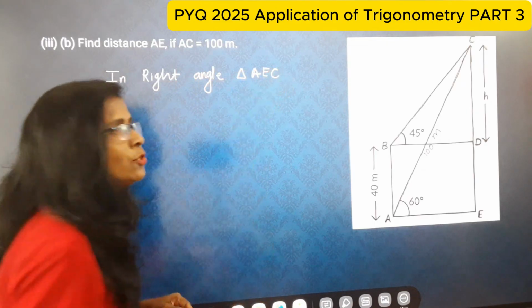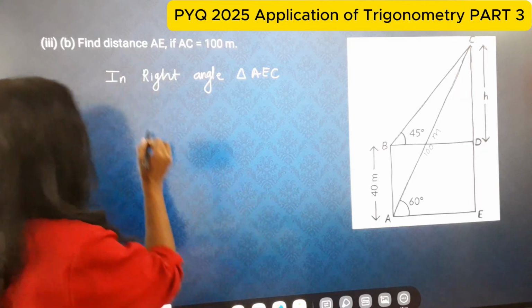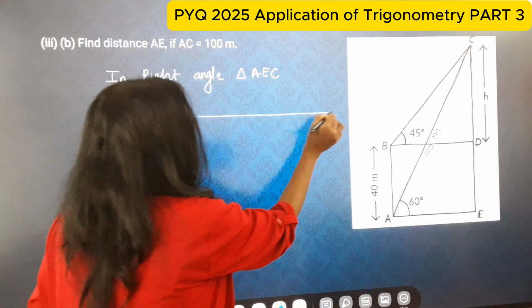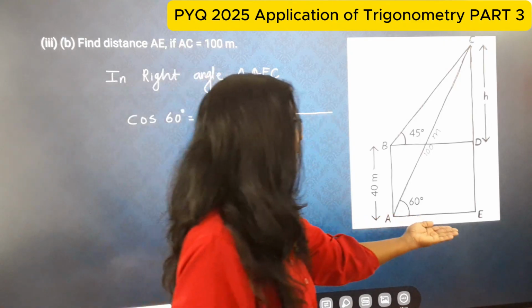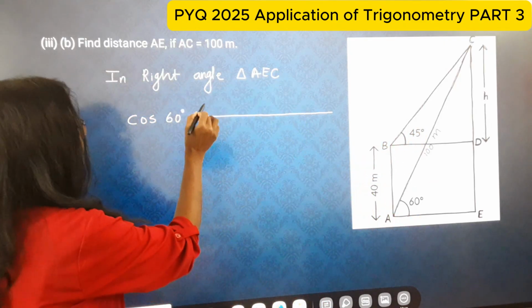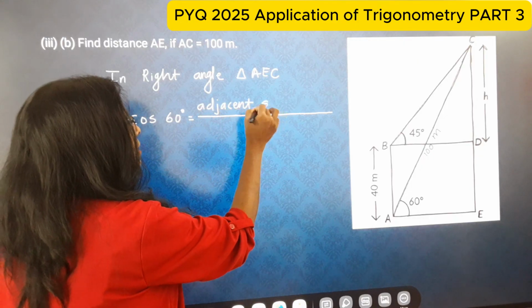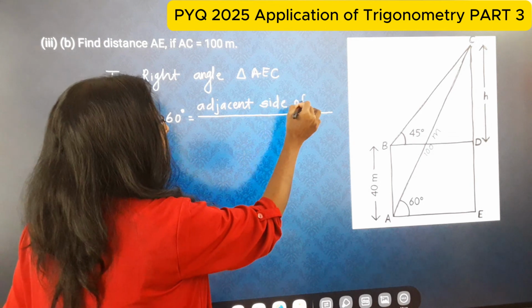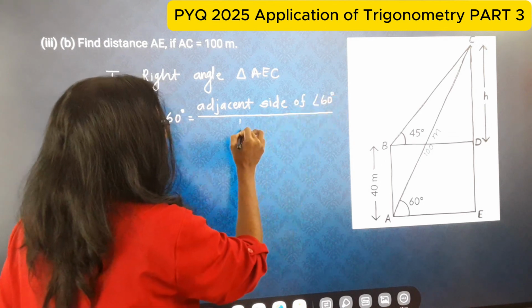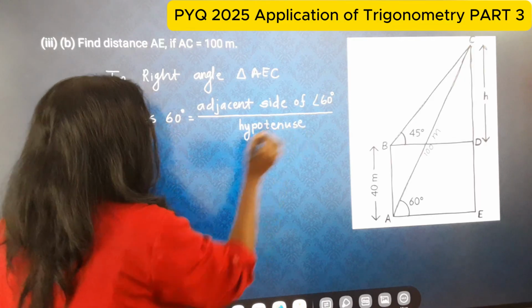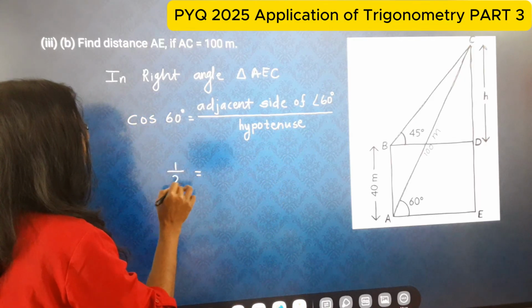Now here, students, we use the cos ratio, because we have the adjacent side and the hypotenuse. So cos 60 is the adjacent side of angle 60 degree upon the hypotenuse. Cos 60 means 1 upon 2.